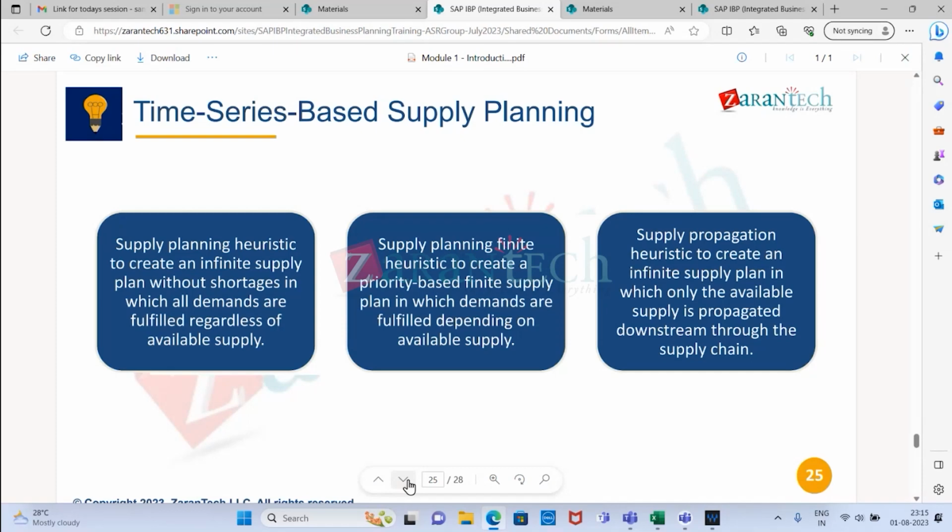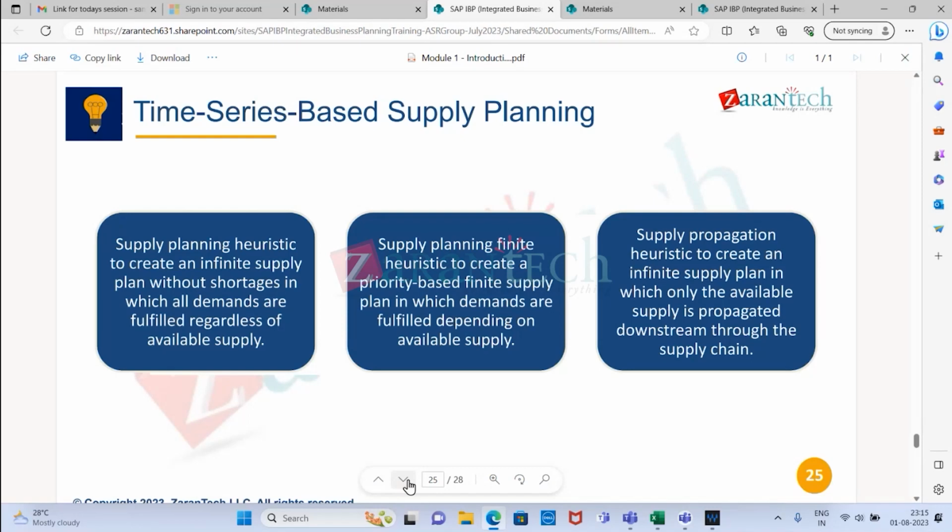The next is finite heuristics to create priority based finite supply plan. So in this scenario, the priorities are defined, and this priority is again based on the strategic rules of the organization. The strategic rules can be based on the profitability. If there is the same demand from two different customers, then which customer do we need to give the priority to?